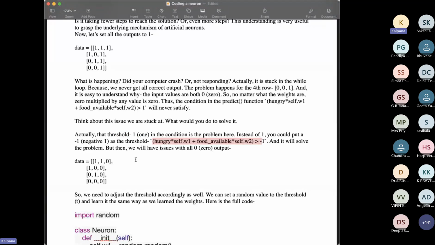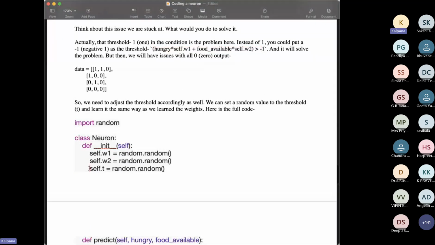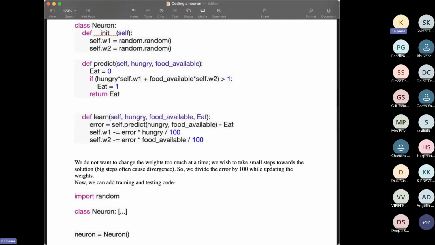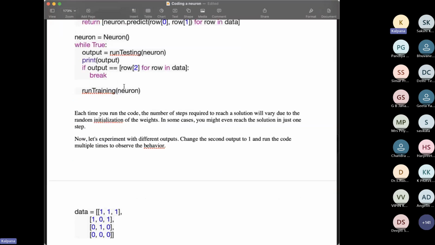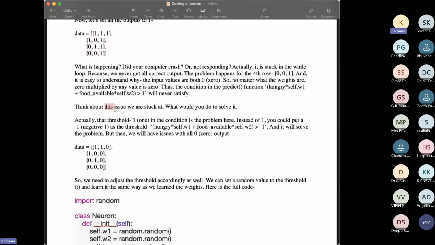So you will be able to resolve all the issues. Can you see this threshold? Initially, what threshold are we taking? We are taking it as 1. And because of that, in some cases it gives the right answer, but if you change the data, it is not giving the right answer. So why take the threshold as 1? You can take the threshold as a random value also.